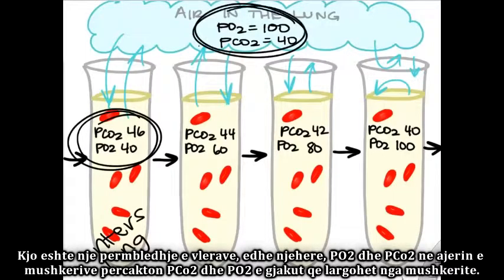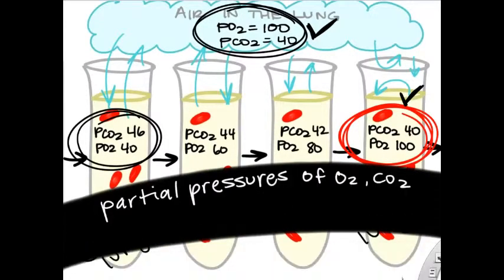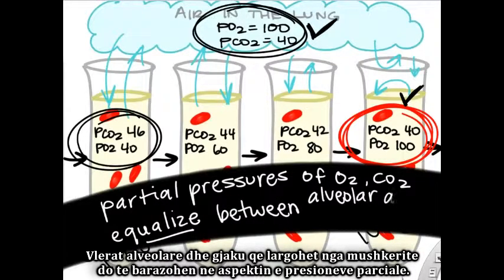So again, the PO2 and PCO2 of the air in your lungs determines the PCO2 and PO2 of the blood leaving the lung. So the partial pressures will always equalize in a healthy lung. The alveolar values and the blood leaving the lung will become equal in terms of partial pressure, PO2 and PCO2.